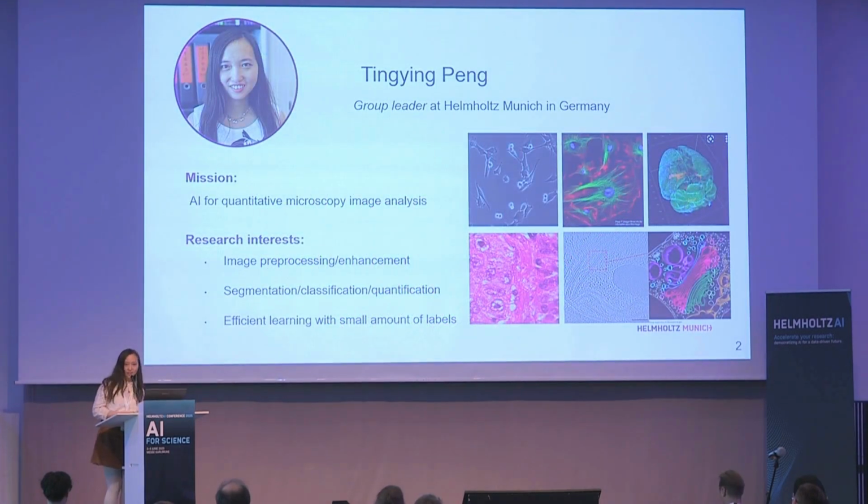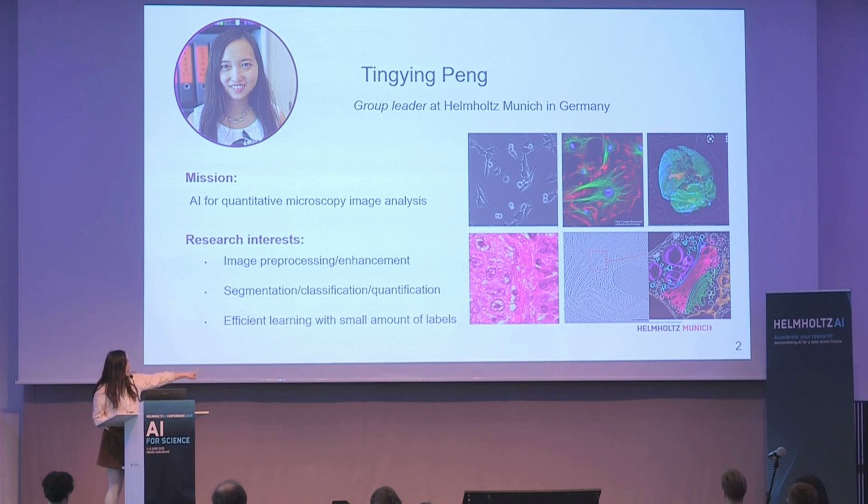Okay, so I'm Ting Yin, a group leader at Helmholtz Munich. My group works on AI for computational pathology as well as quantitative microscope images. We work on all kinds of microscope images, like bright field and fluorescence, which are mostly 2D, but we also work on 3D light sheet microscopy and electron tomography.